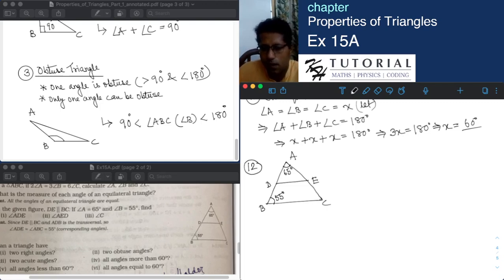Now, it is given that DE is parallel to BC. And of course, we can see that AC is a transversal. Here we will need the concept from the properties of parallel lines.